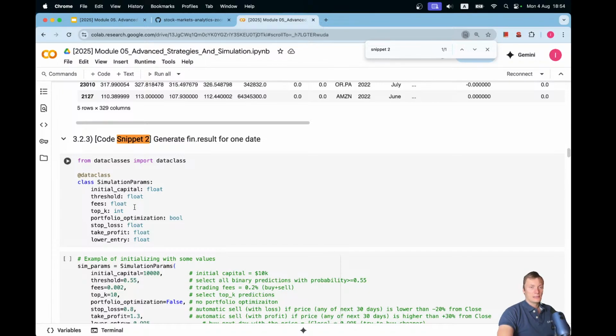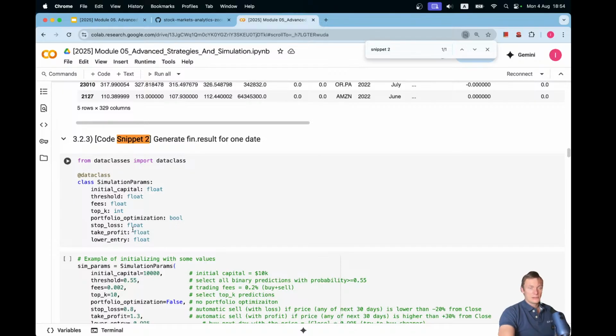Then top K, that's the maximum number of trades that we're making. Portfolio optimization is not implemented here, but the idea was that if you have top 3 or top 5 predictions that are positive, then you can generate optimal weights from those predictions in such a way that some characteristics of a portfolio are optimal. For example, maximum drawdown is not very big, or Sharpe ratio is highest.